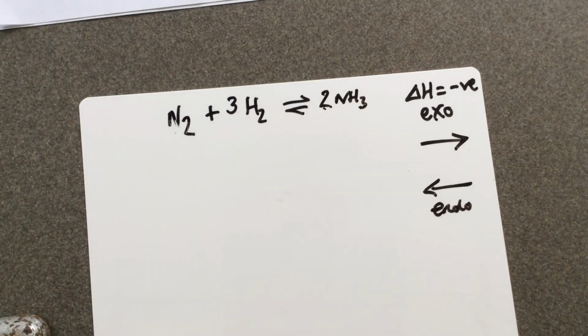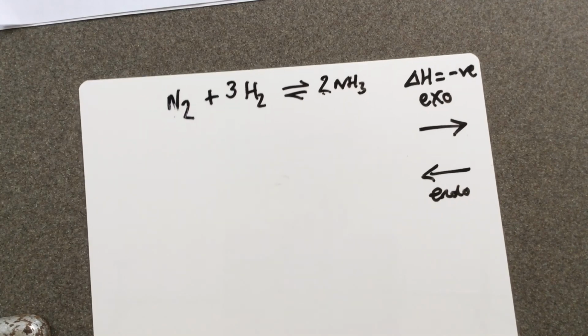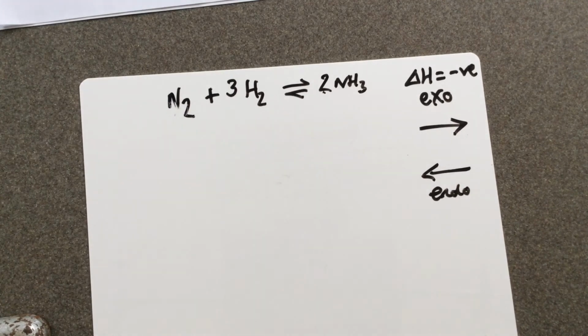Let's think about this Le Chatelier guy. What did he say would happen? Well, if you increase the temperature, you're making the stuff hotter. What's going to happen? The system, the equilibrium, has to do the opposite. If you're putting heat energy in, the system has to take heat energy out.